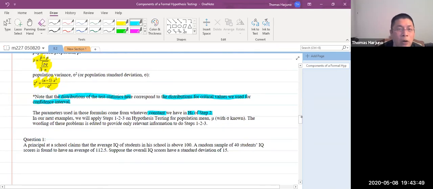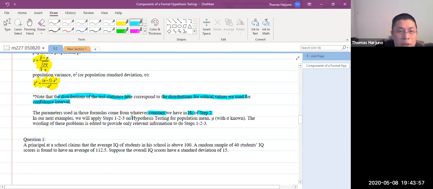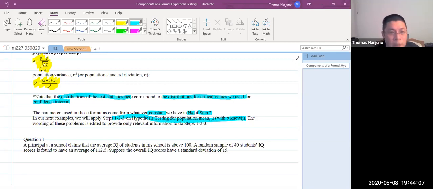Now, in our next examples, we will apply steps 1, 2, 3 on hypothesis testing for population mean, only steps 1, 2, 3 for now, where mu, the population mean, with sigma known. The wording of these problems is edited to provide only relevant information to do steps 1, 2, 3.